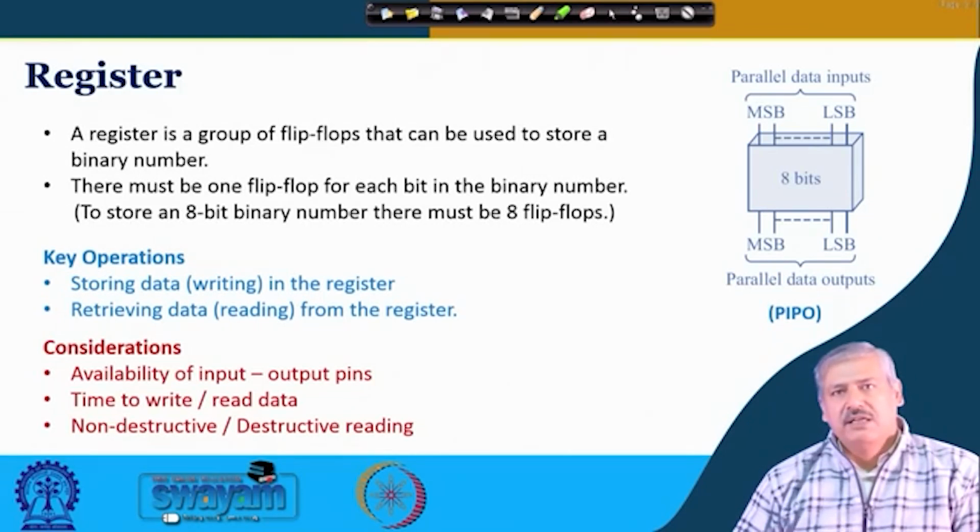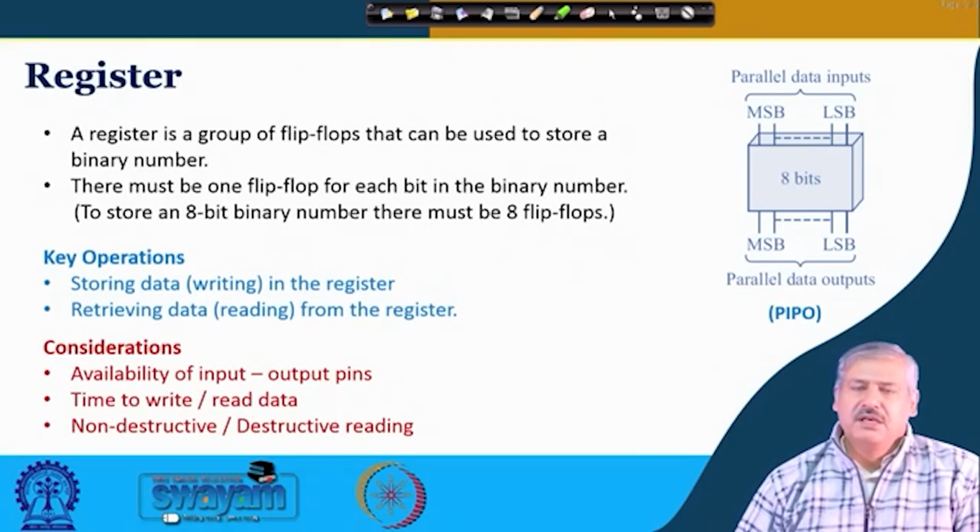So, directly loading it from the input side, the way the flip-flop truth table tells us, if it is a D flip-flop, then 8 such D inputs will be there, and the reading will be from the 8 Q outputs. And if you want Q bar, then Q bar also can be made available. So, that is the way of writing and reading.